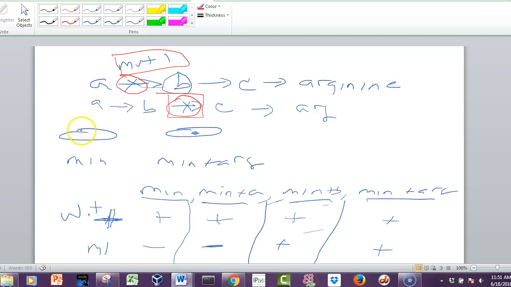So this particular mutant is mutated for this particular enzyme.